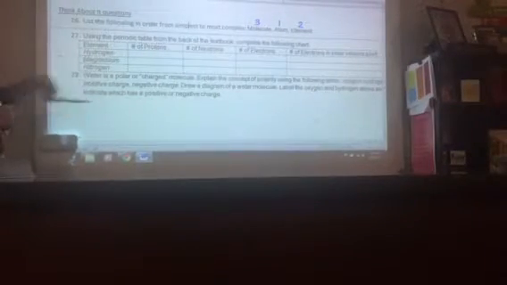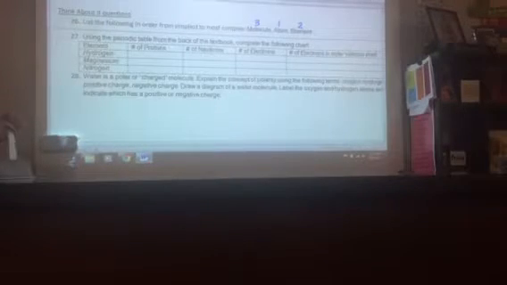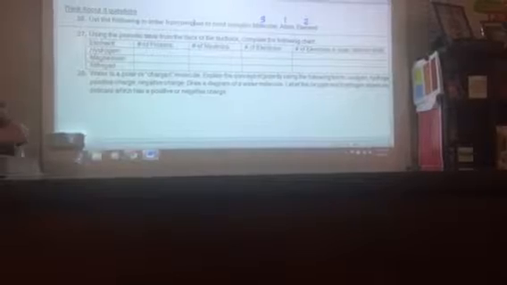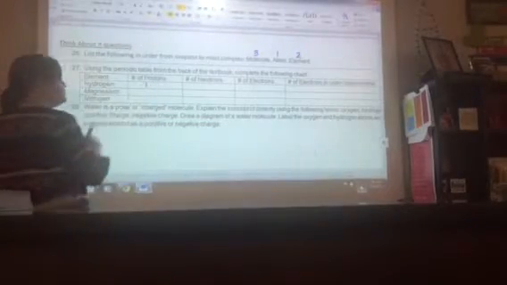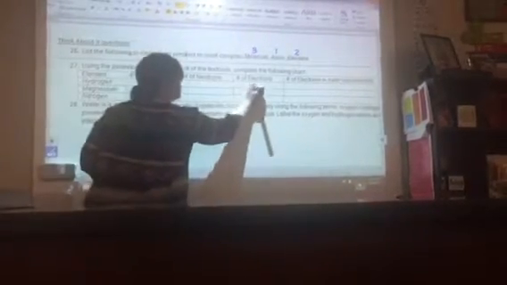Okay? All right, then it asks you to use the periodic table in the back of the textbook to figure out the number of protons, neutrons, and electrons here, and then the number of electrons in its outer valence shell. All right, for hydrogen, the atomic number is 1. So that tells us that there's 1 proton, there's 1 electron.